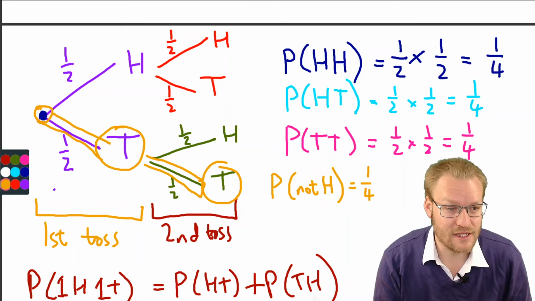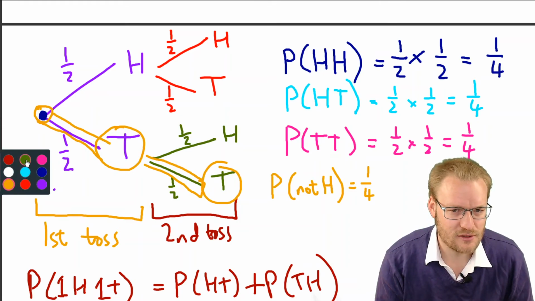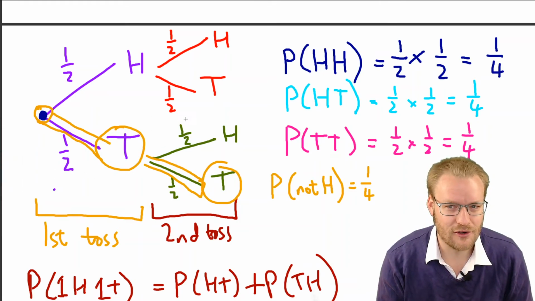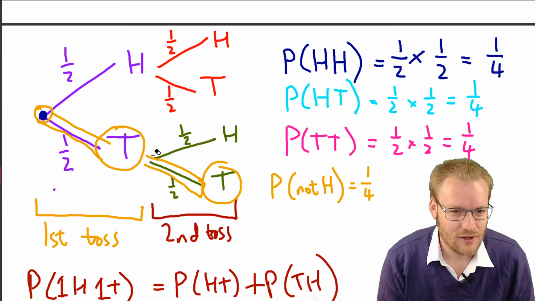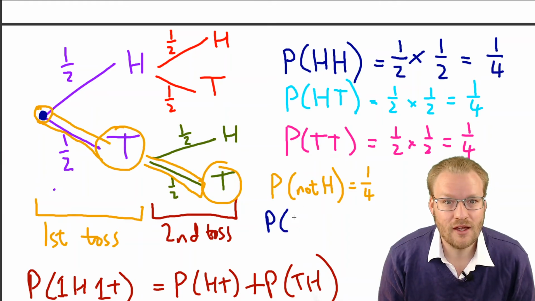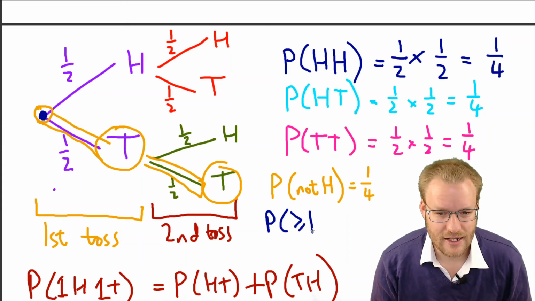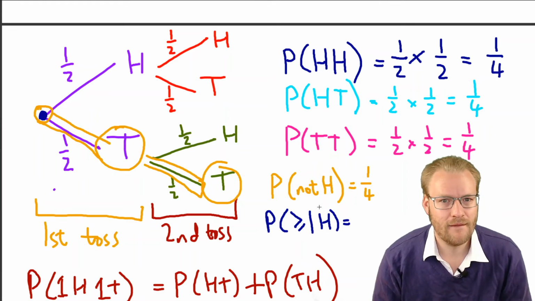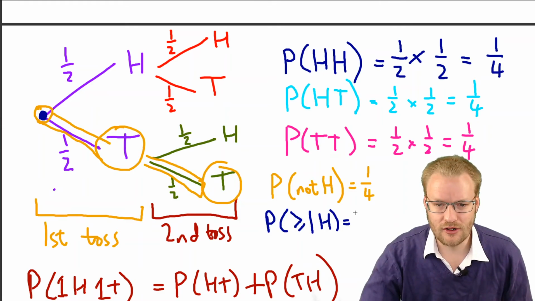So let's end this video with a few exciting ones. What's the probability of tossing at least, so I'm going to do it kind of shorthand, at least one head. Now we could do this in a very long way.